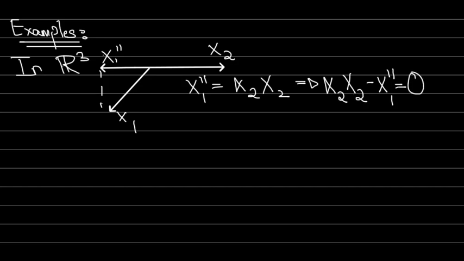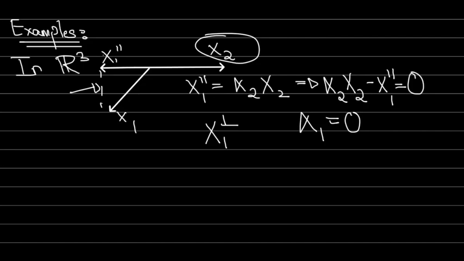But now see that the x1 perpendicular component, this one over here, cannot be cancelled by anything that comes from this vector x2. And so what that means is that we need alpha 1 to be equal to 0.